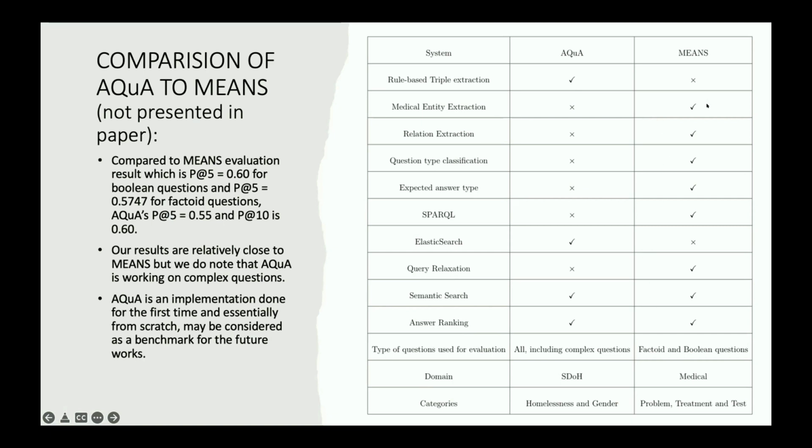Actually, MEANS published each component as a separate paper and integrated them all together, which took a lot of time. Whereas Aqua has essentially been built from scratch with minimum components, and from the results we can see that Aqua is performing almost as closely as MEANS, and we believe more enhancement to Aqua can definitely outperform MEANS.